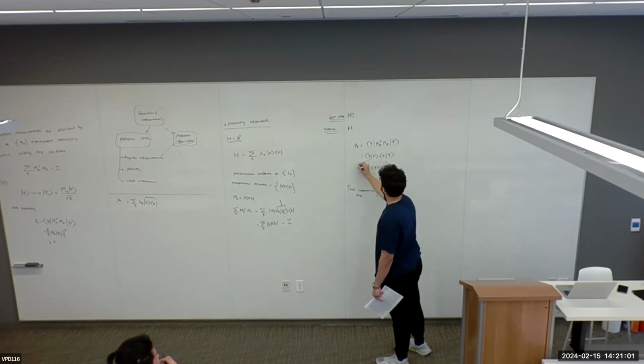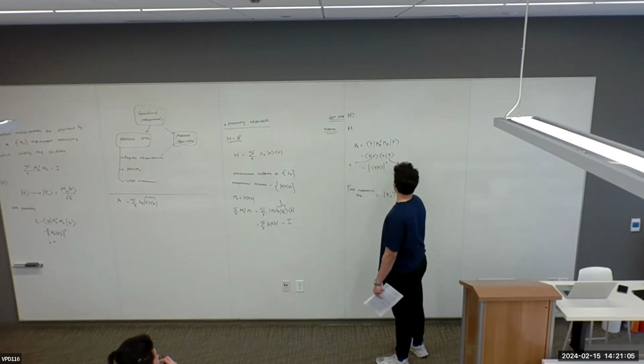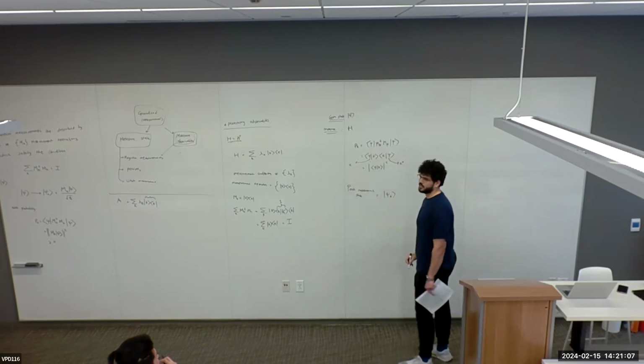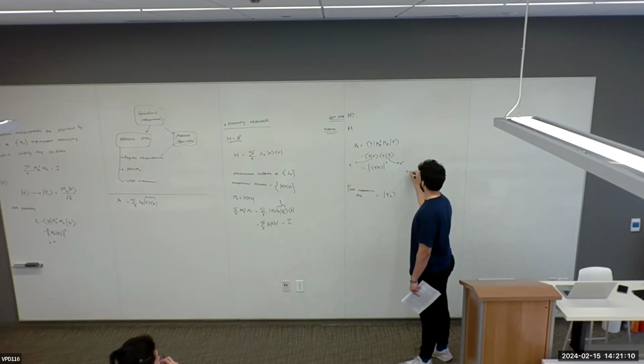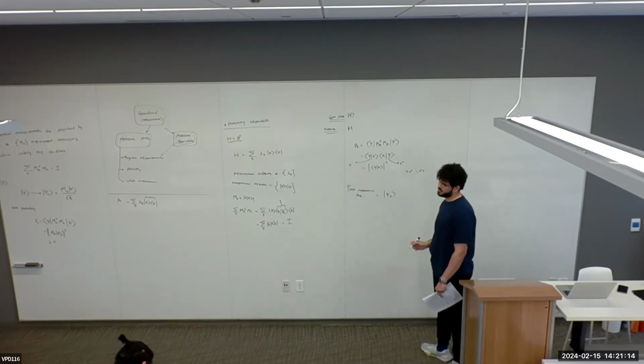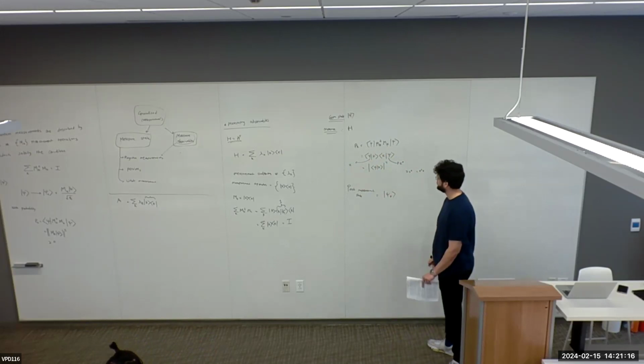Like I mentioned, this will be a complex number z, and this will be the complex number z conjugate. Yes, it's just complex numbers.